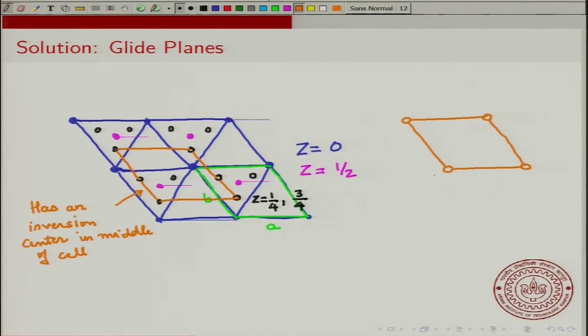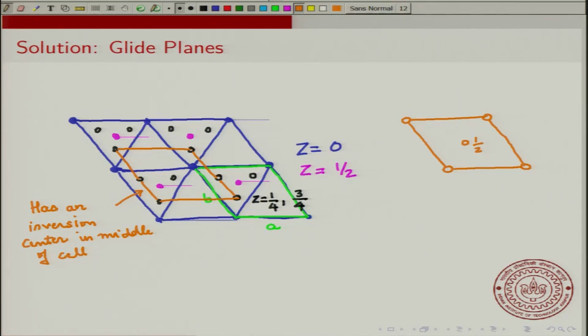And you have, so this is at z equal to 0 and half and 1. So this is z equal to 0 and you have a point of inversion at z equal to half. So, these points are at z equal to 0, these are inversion points.